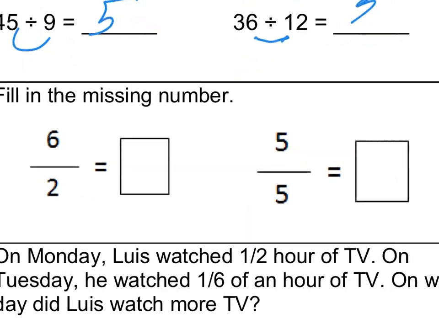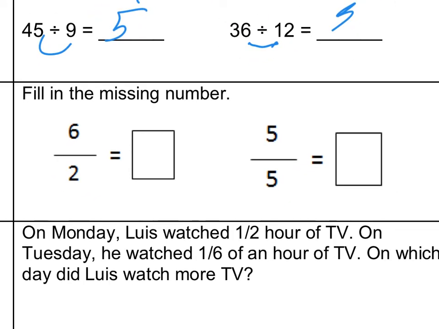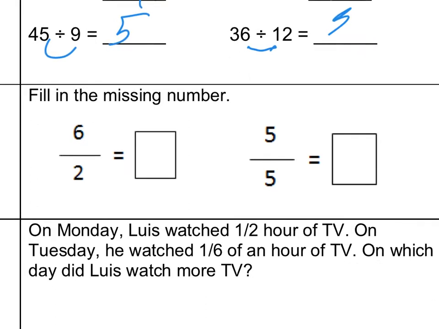Okay, so our next problem is find the missing number. It says 6 over 2 equals blank and 5 over 5 equals blank. First of all, we're going to do 5 over 5 equals blank because that is one of the easier ones. When you have 5 over 5, you know that's going to be one whole, because if you have 5 in total, and you need 5, that would give you a whole.